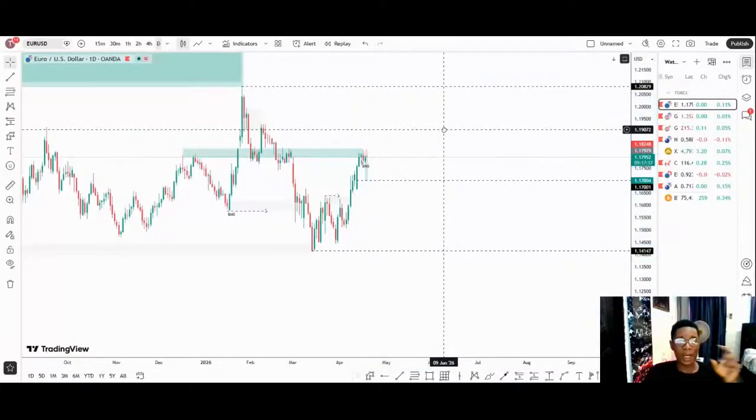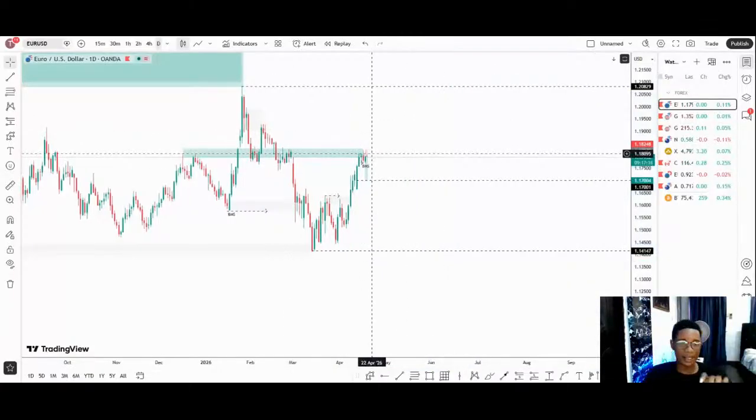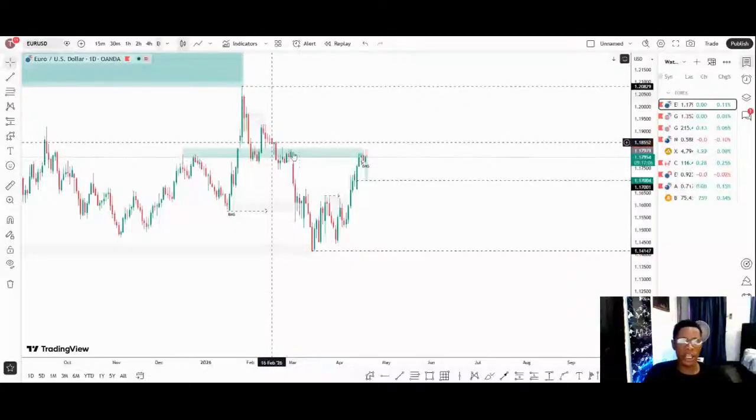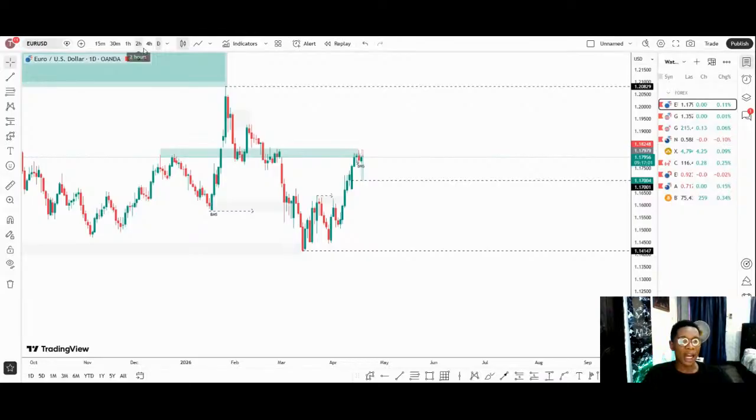So what I do right here, since price is already reacting off my strong area of supply level, for which I've already given all the confluences that make me call this area a strong supply level, is move down to the 1 hour time frame, because this is a daily area of supply level.